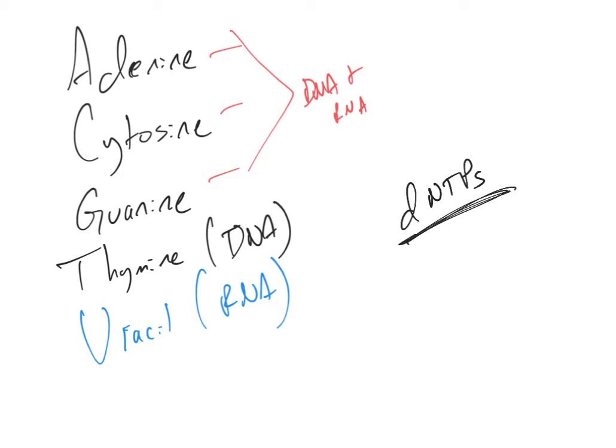This is a generic word where N stands for A, T, C, G. So when we're talking about DNA replicating, instead of saying ATCG, you say a polymerase will take a free dNTP and add it to the DNA molecule. So it's just a generic term for referring to A, T, C, and G together. It's good to know that acronym.